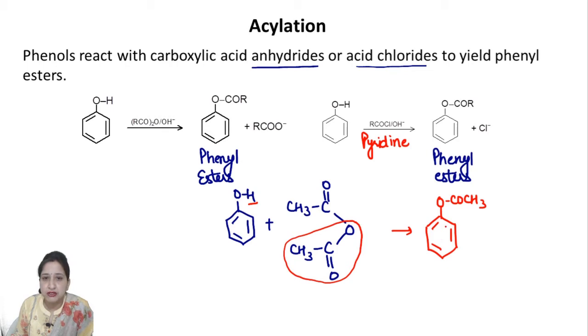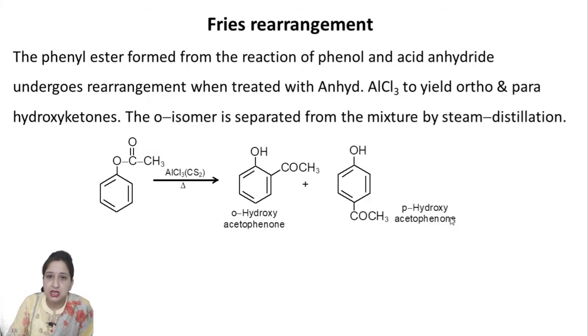Now if we treat this phenyl ester with aluminium chloride, then it shows an important rearrangement which is known as Fries rearrangement. So you can see phenyl ester formed from the reaction of phenol with acid anhydride undergoes rearrangement when it is treated with anhydrous aluminium chloride.